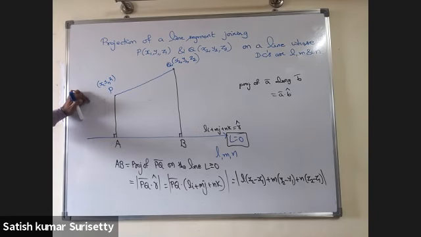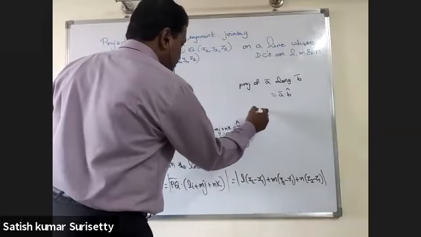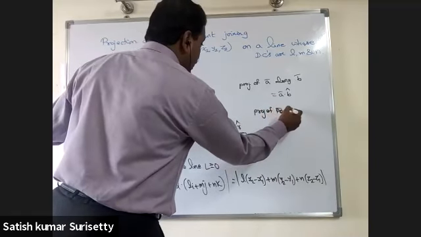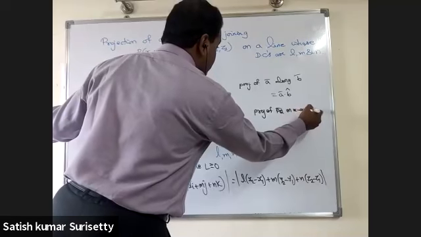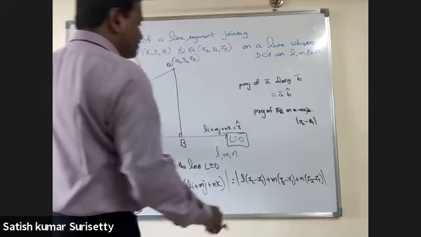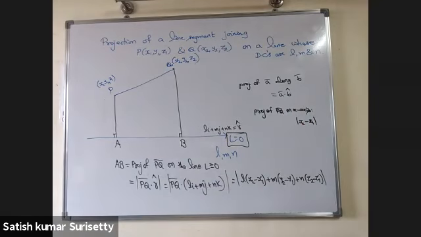Projection of PQ bar on the x-axis is modulus of x2 minus x1. In the same manner, the projection of PQ on the y-axis is modulus of y2 minus y1, and the projection of PQ bar on the z-axis is modulus of z2 minus z1.